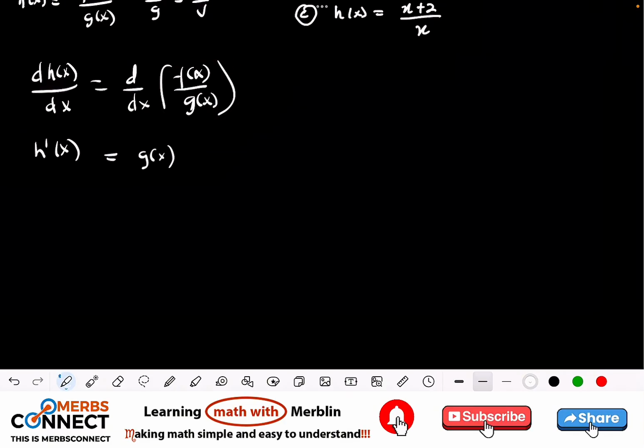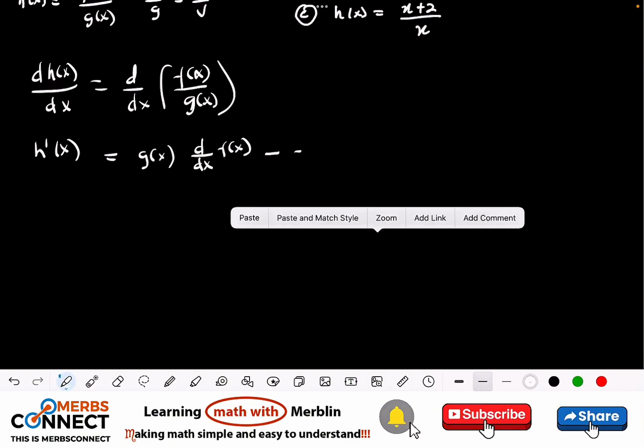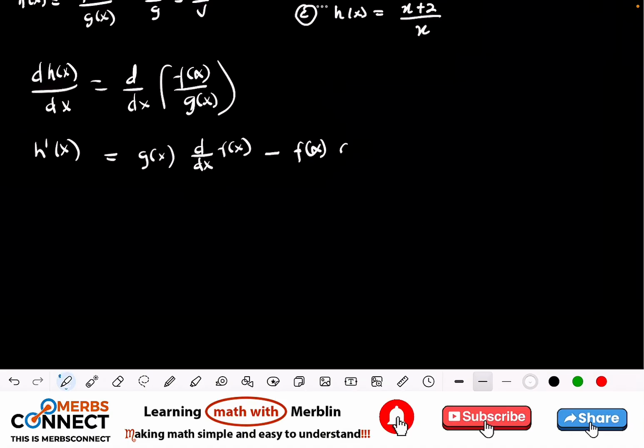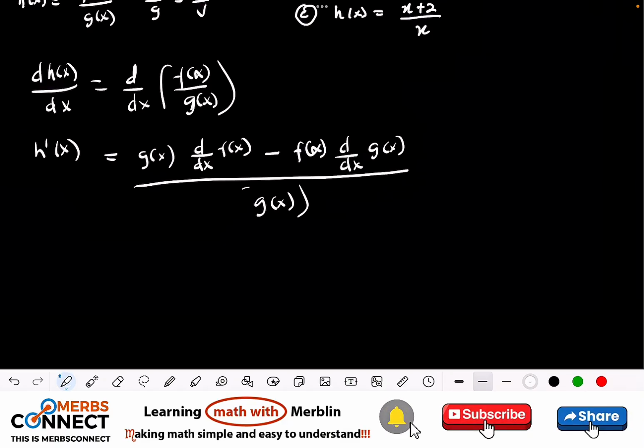The one at the bottom or the down. Then now I differentiate the one on the top, that is the numerator, minus, now I maintain the one on the top, then differentiate the one at the down, all divided by the one at the down squared.